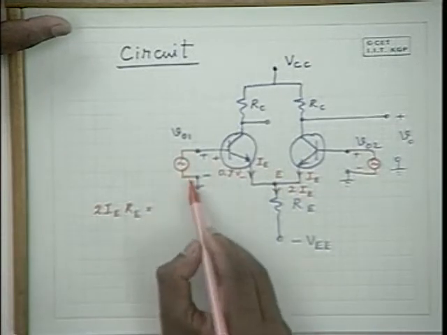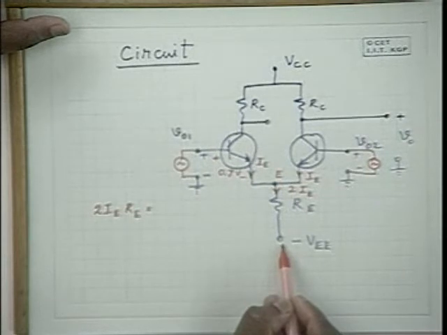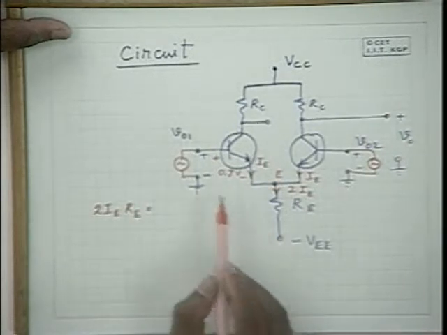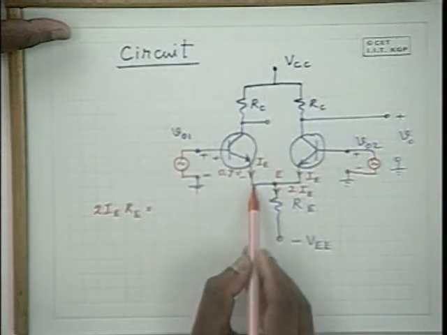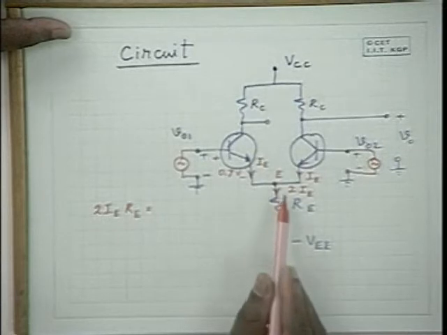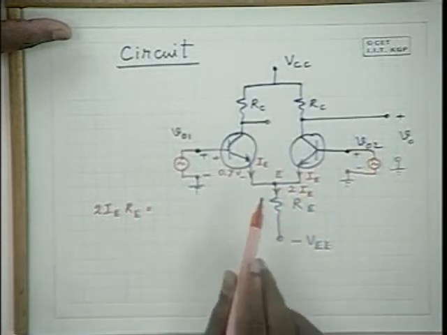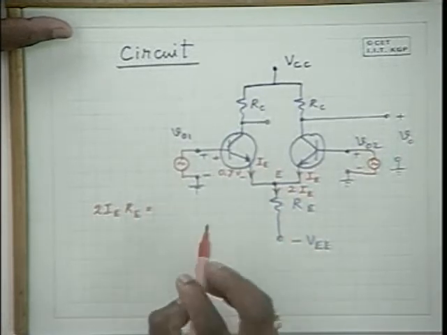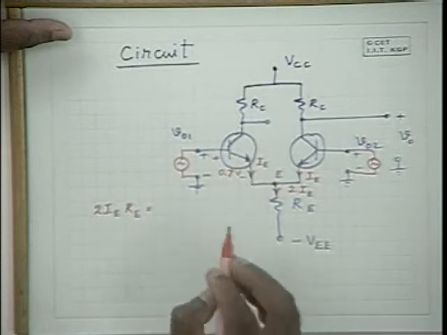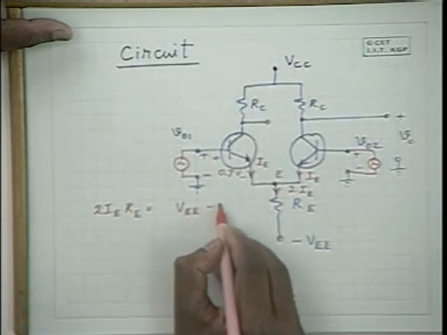And this is grounded, this is VBE, and between this and the ground it is minus VEE. So therefore with respect to the base, this is at minus VBE and this is minus VEE. Therefore the drop across RE is VEE minus VBE. Therefore 2IE RE is equal to VEE minus VBE.